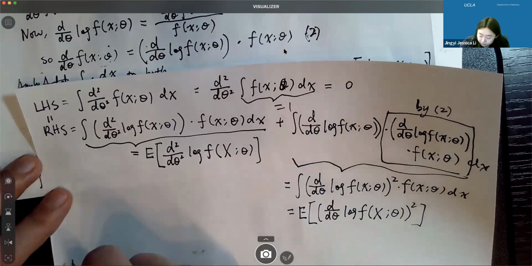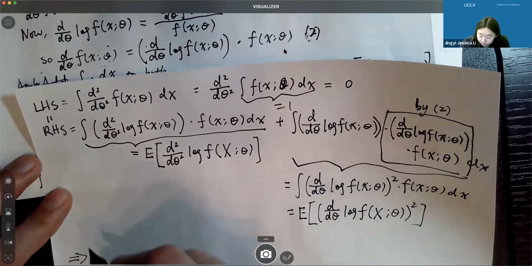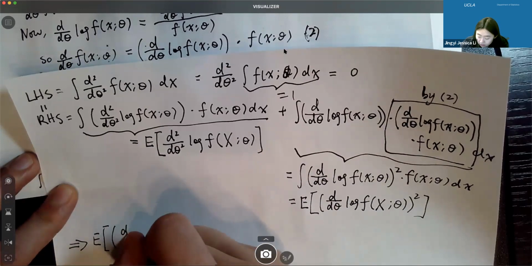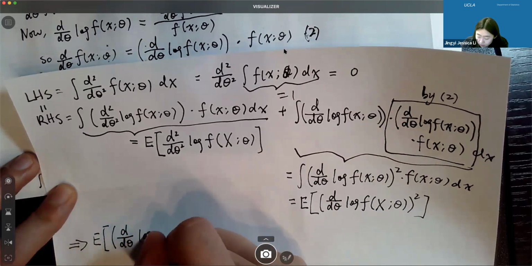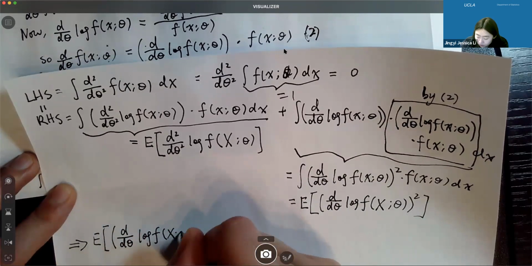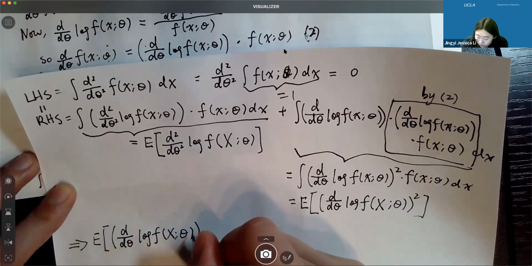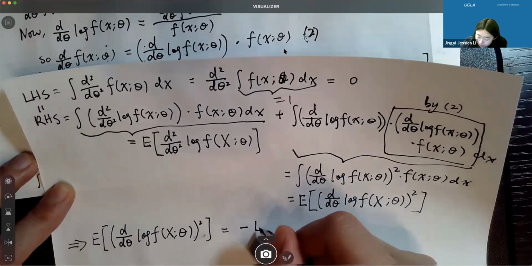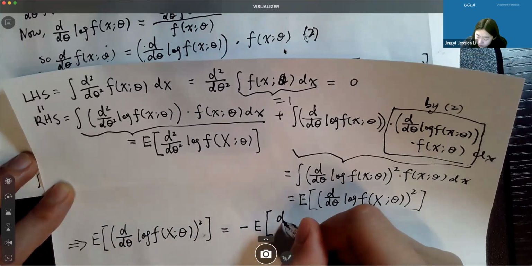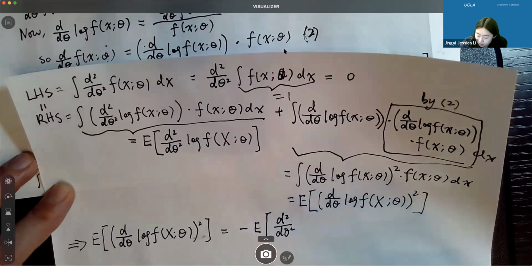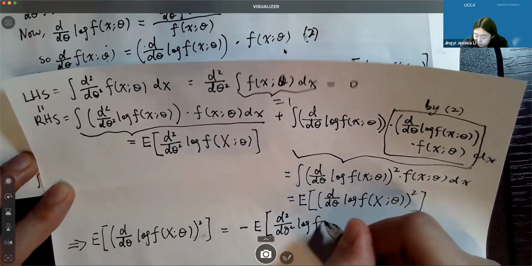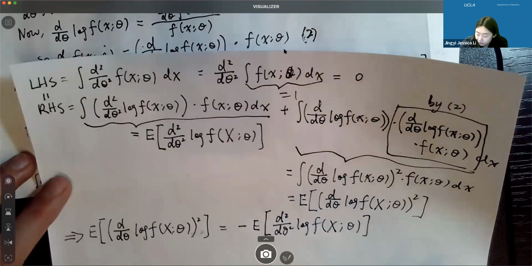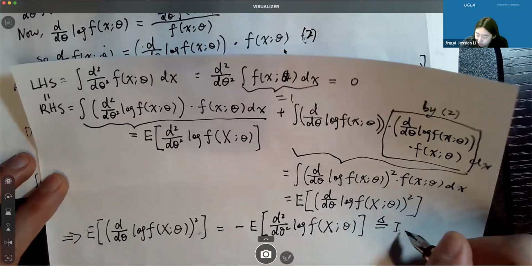Therefore, we have the expectation of d theta log f(X, theta) squared equals negative the expectation of the second derivative d squared d theta squared log f(X, theta). And both are defined as our Fisher information.